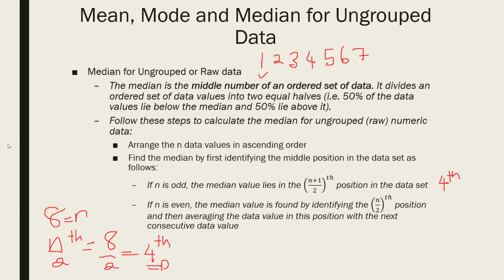However, let's say we had 8 positions, where n is equal to 8. If we take this fourth position and don't go to the next value, where you average the data value in the fourth position with the next consecutive data, and just say the fourth position is our median, this will not be a true median.